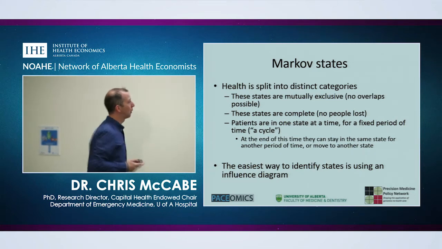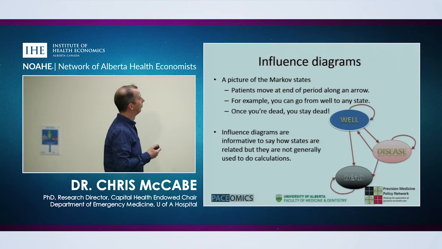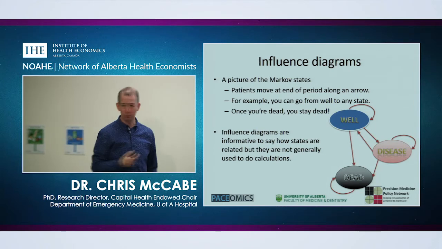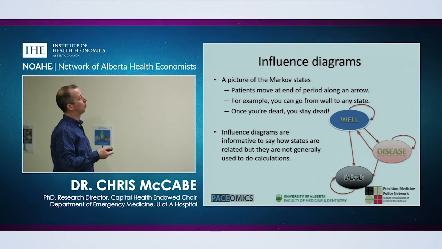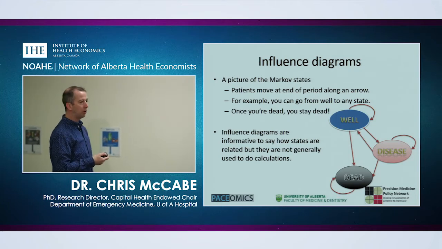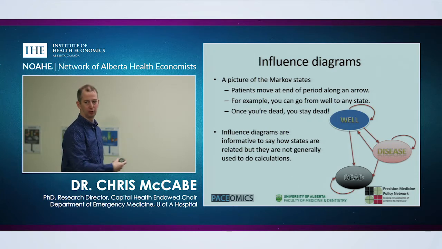So the easiest way to identify the states is called an influence diagram. And basically it's a picture. It's a picture of a Markov model. And you just say, okay, so what states have I got? I've got well, diseased, and dead. What transitions? So with this disease, can people move from diseased back to well? Some conditions, you're never back in full health.